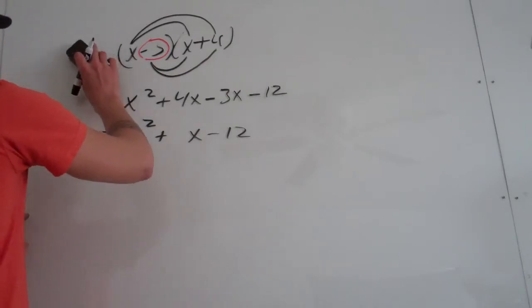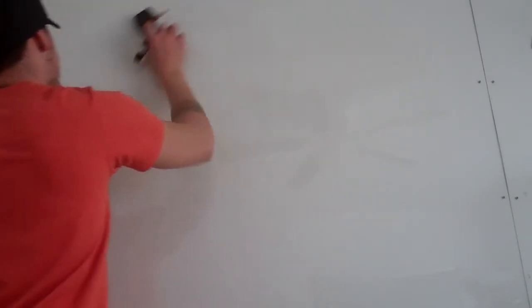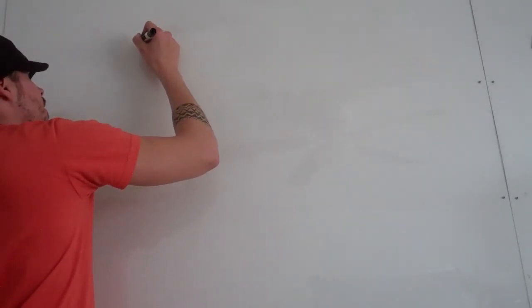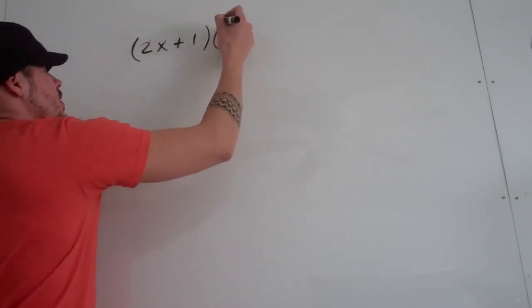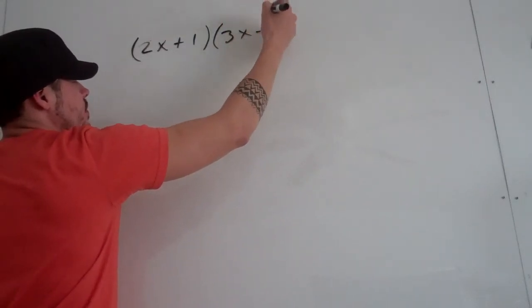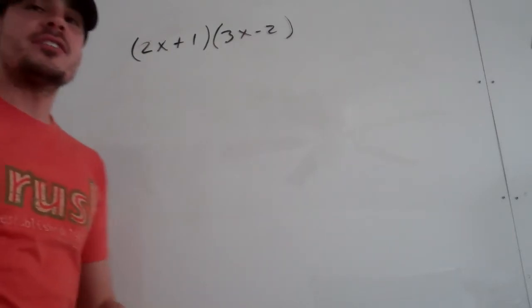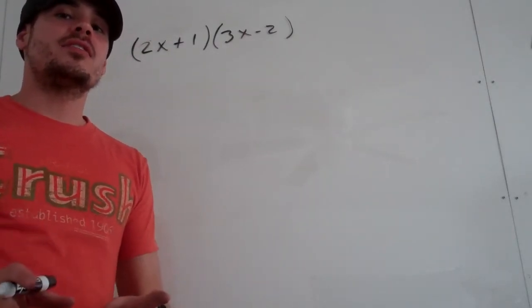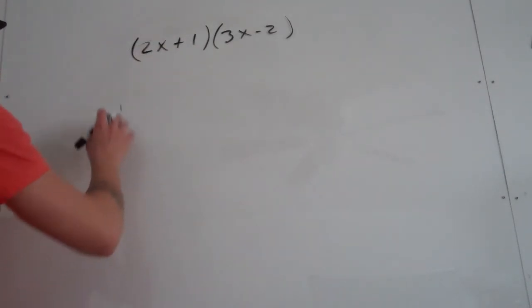Okay, let's try one more really quick. 2x plus 1 times 3x minus 2. Okay. Your professor says, multiply these terms, or FOIL it. Not a problem.